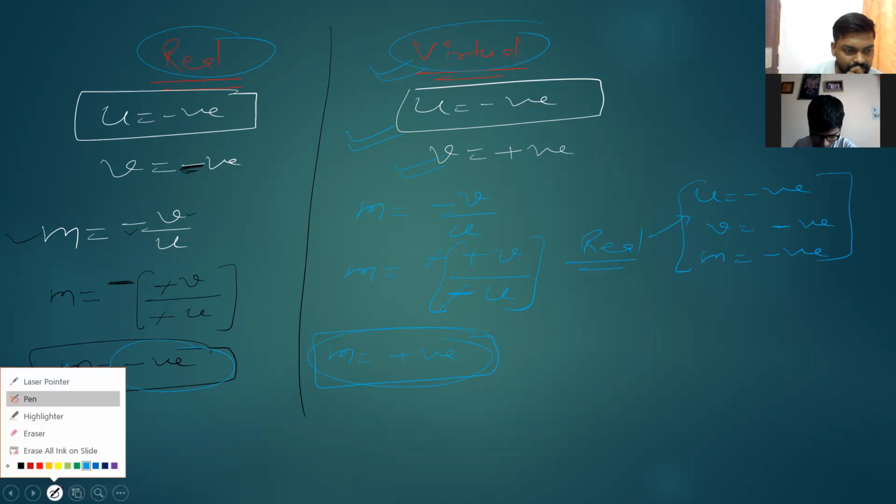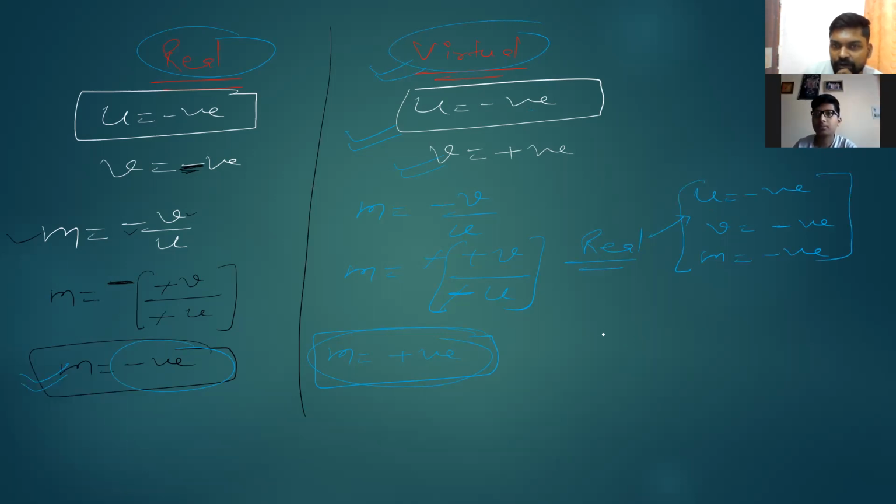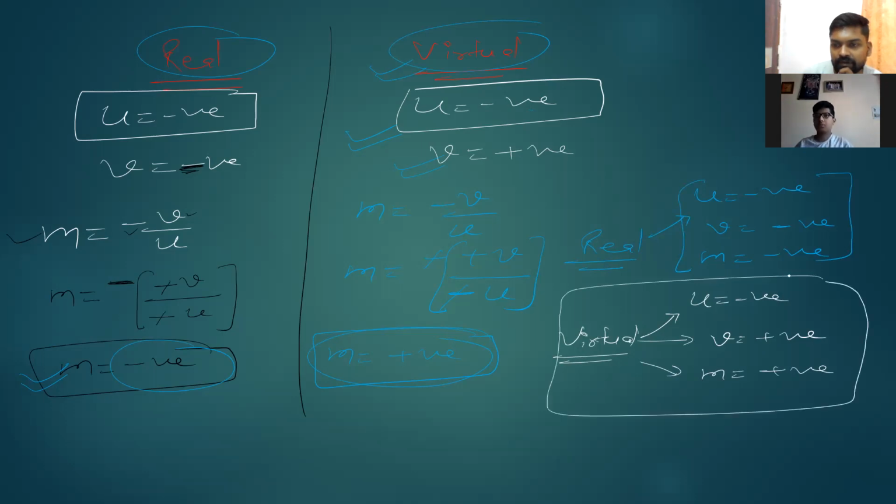And if we talk about the virtual image, u is always negative, v is positive, and m is positive. This is for virtual image.